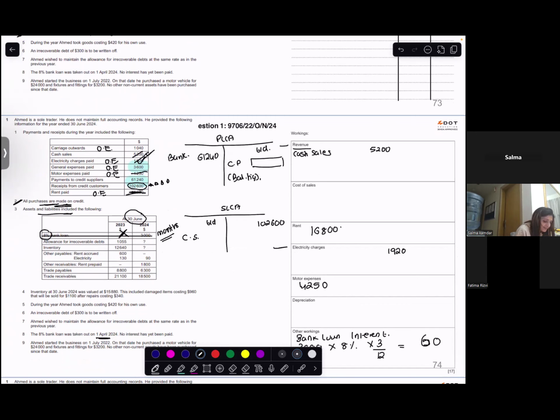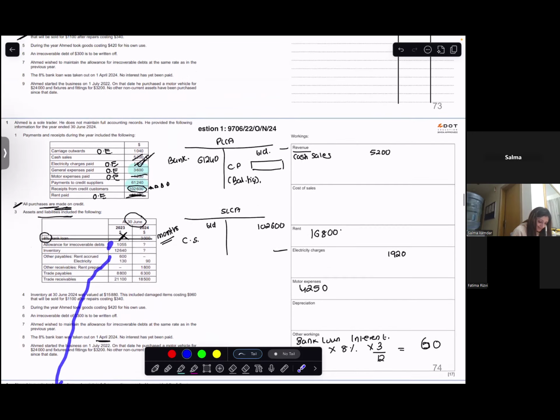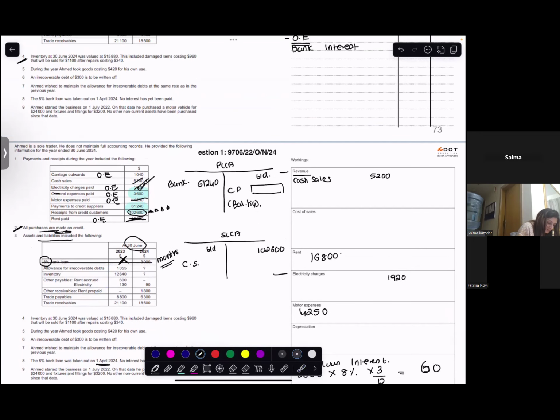Can I do the same thing for general expenses? Or first I go through everything again? I want to finish this general expenses also. So I'm seeing general expense, general expense, general expense. Is there anything that is related to general expense? No. So I can finish this general expense also.